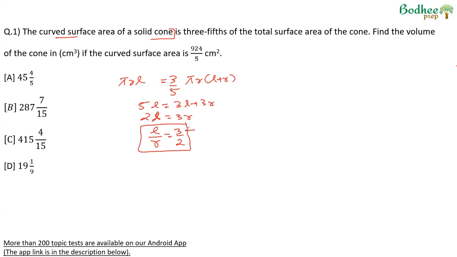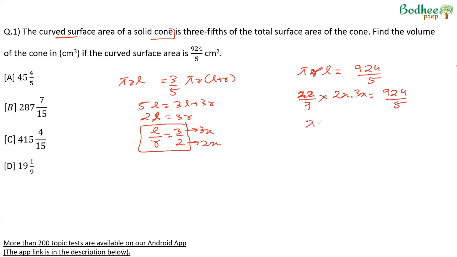So let L be 3x, R be 2x. Curved surface area pi RL is given by 924 by 5 centimeter square. So 22 by 7 into pi R, which is 2x into 3x, is equal to 924 by 5.